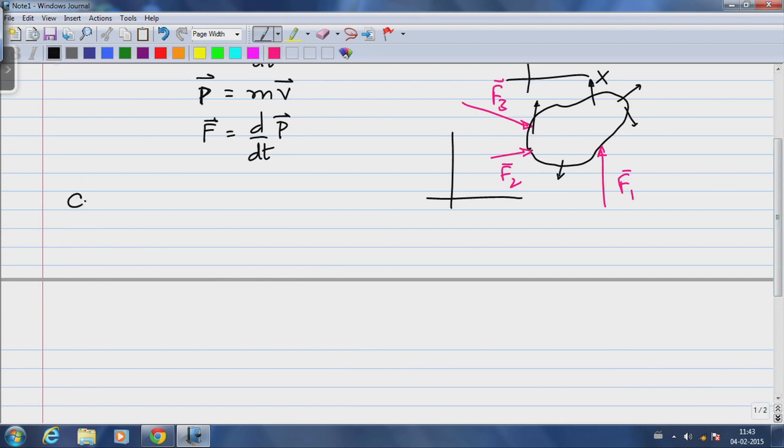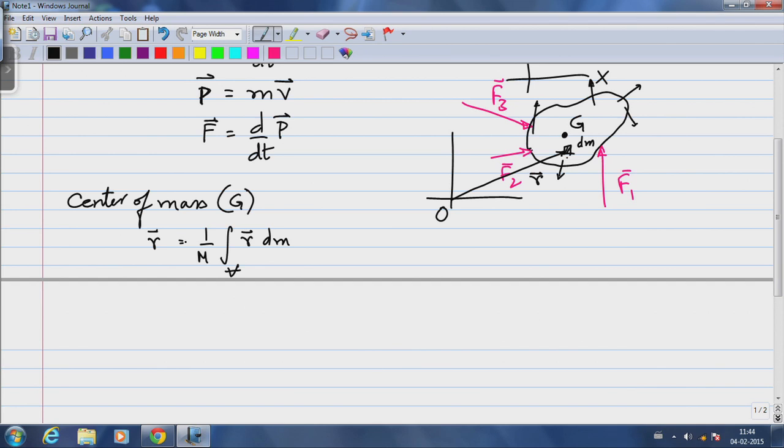So, the center of mass, for which we will use the symbol G, is defined in such a fashion that the integral of r, where I take an element dm and r is the position vector of that element dm, so the integral over the whole volume of r dm divided by m, gives me the position vector of the center of mass, or the position vector of G.